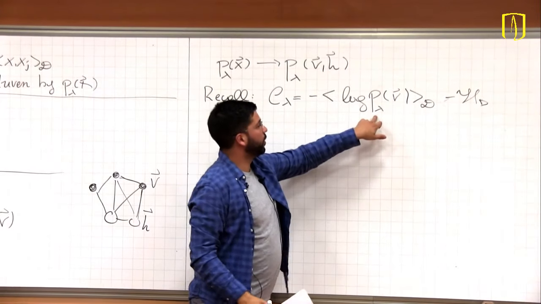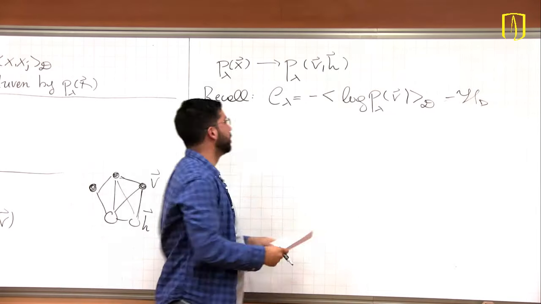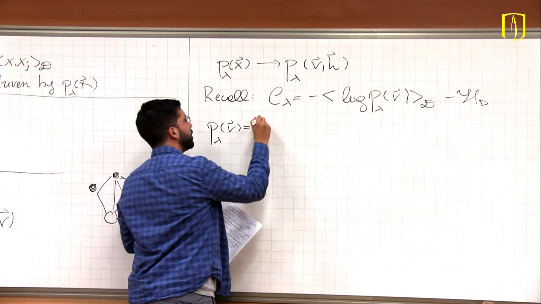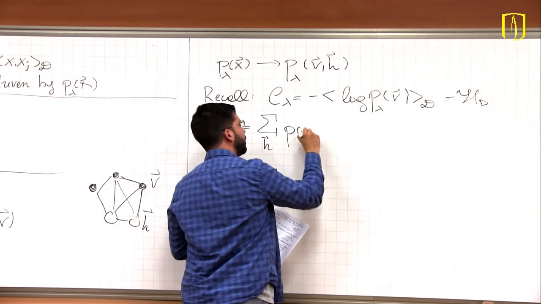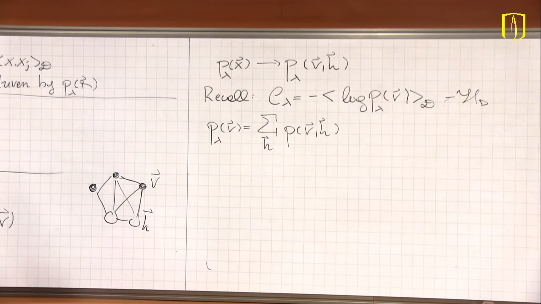What it means is that we need to access this marginal, right? And so this P lambda of V is just the sum over H of P of V and H, okay?